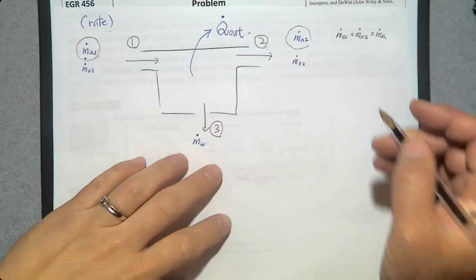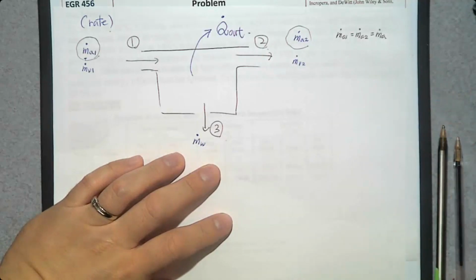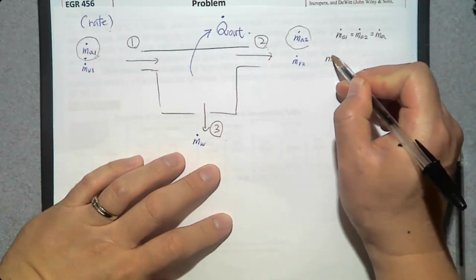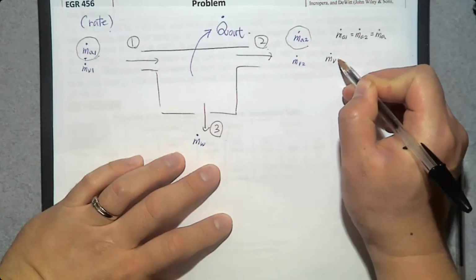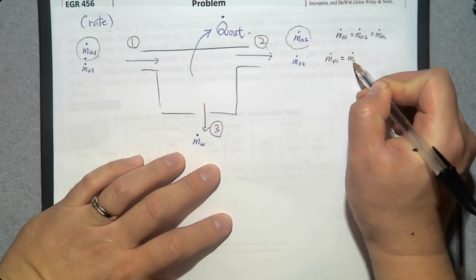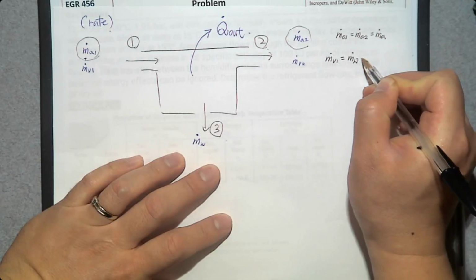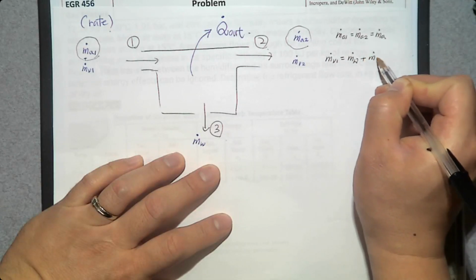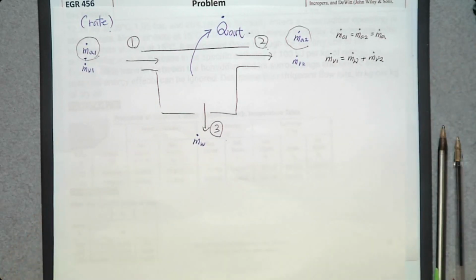So the mass balance equation for this water is m dot of water vapor at the inlet is the same as m dot of liquid water at the exit number 3 plus m dot of water vapor at the exit number 2. So those are the mass balance equations for each component of this moist air. They are water vapor and dry air.